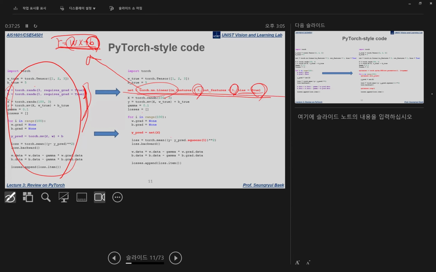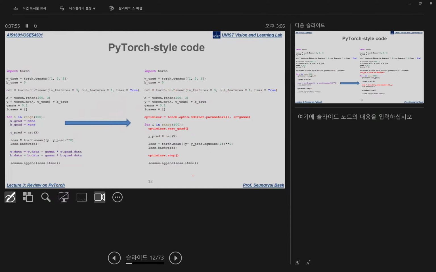So we can initialize the network that we are using like this. And instead of writing down these formulas themselves, you can just call this net network, inputting the input X. So you can implement the same thing in this way.